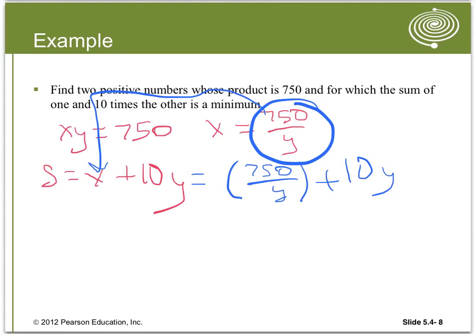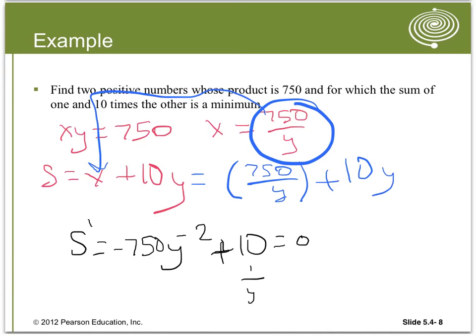So I take my derivative of that, and when I took that derivative, we have negative 750 y to the negative 2 plus 10. I set that derivative equal to 0, subtract 10, divide by negative 750, so I have 1 over y squared equals negative 10 over negative 750, so that'd be 1 over 75.